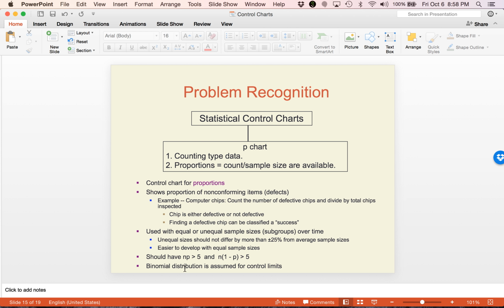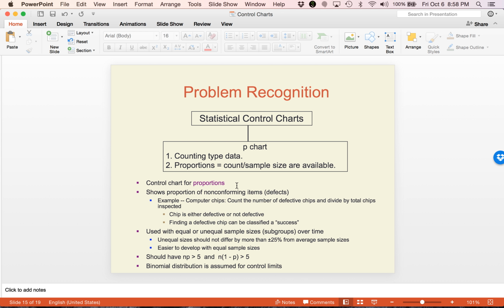To make the assumption of normal distribution work for the control limits, we need to assume that n is the number of things and p is the average proportion, or the sample proportion.